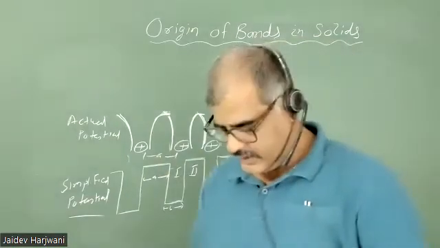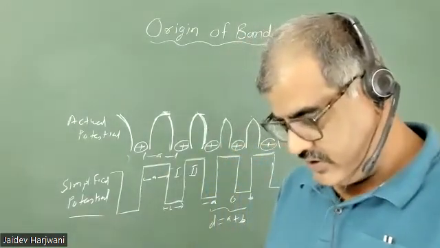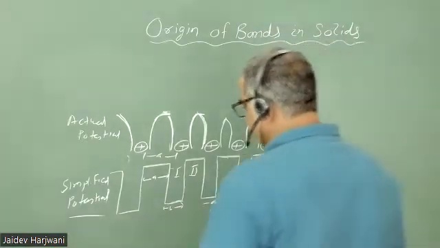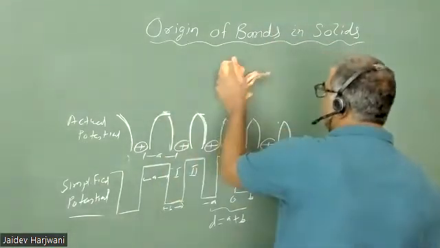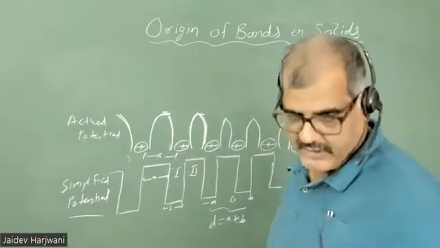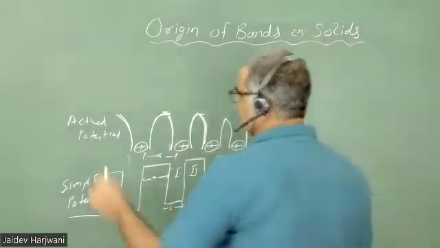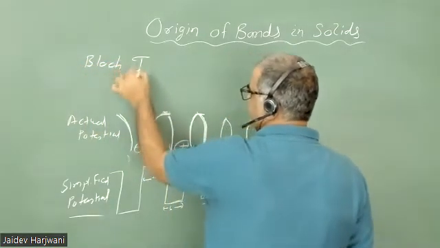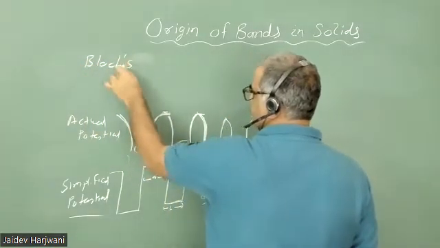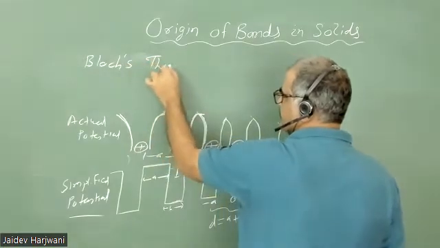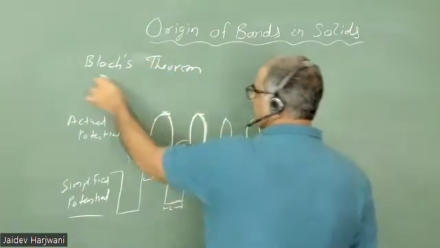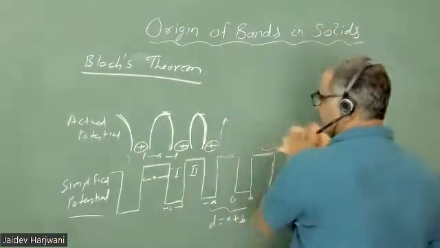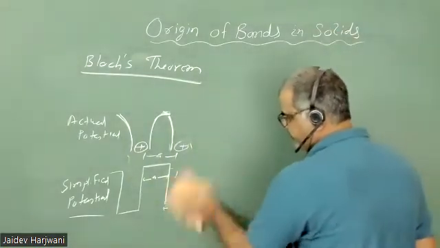Now to solve the Schrodinger equation for this, before we apply it, we need the help of the Bloch theorem. So let me give the statement of the Bloch theorem.